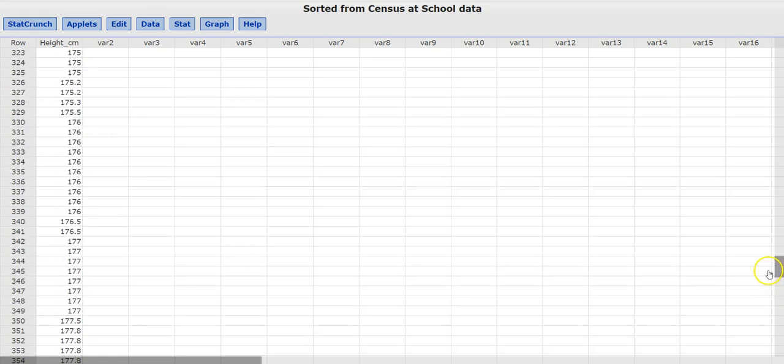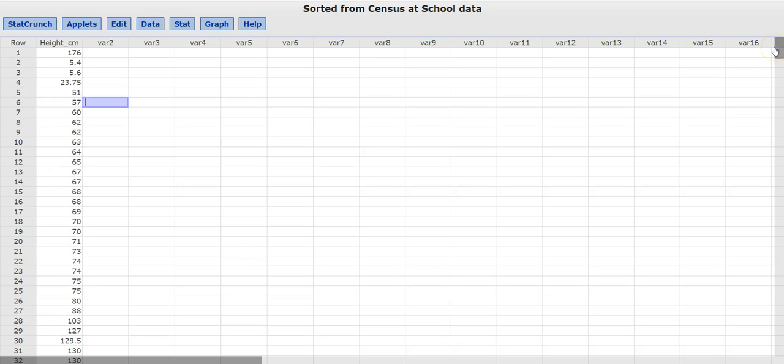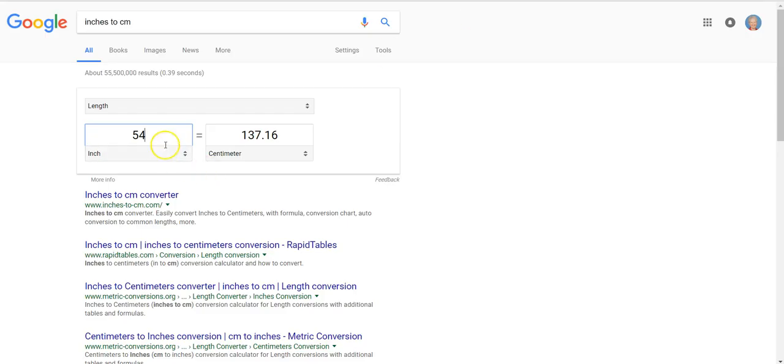So we need to either correct or delete these values. Make every effort to see what you think they did wrong and correct it. Now, if it's in feet and inches, you can Google an inch to centimeter converter, or you can just recognize that 1 inch is equal to 2.54 centimeters.